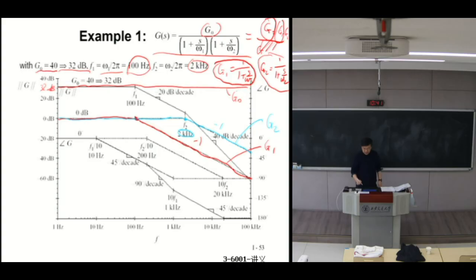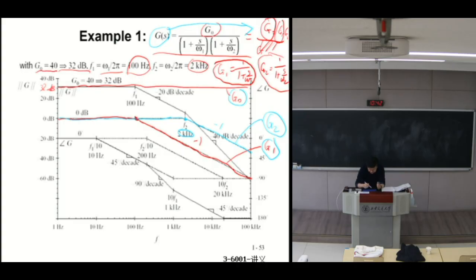Now we have the Bode plot of G0, G1, and G2, and as we discussed, the Bode plot of the overall transfer function G, which is the product of G0, G1, and G2, would be exactly the magnitude Bode plots of G0, G1, and G2 added together. Let's start from low frequency.